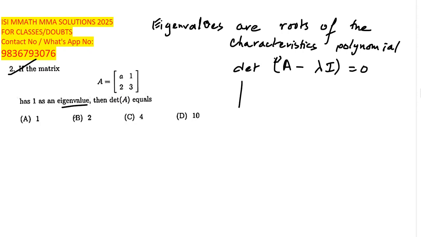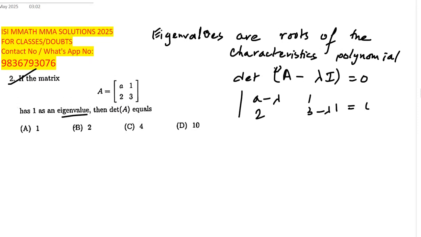That is the determinant of the matrix with rows A minus lambda, 1 and 2, 3 minus lambda is 0. Using a 2 by 2 determinant, we get (A minus lambda)(3 minus lambda) minus 2 equals 0.